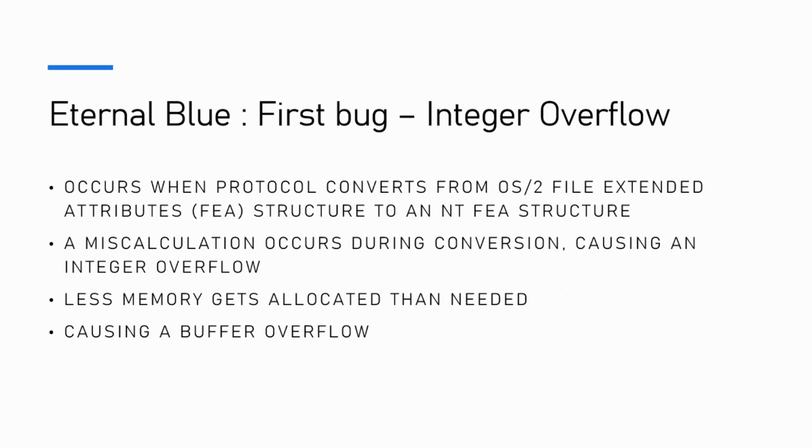This occurs when the SMB protocol converts from an OS/2 file extended attribute structure to an NT file extended attribute structure. During this conversion, a miscalculation occurs, causing an integer overflow, which in turn allows less memory to get allocated than needed. And with this smaller allocation, a buffer overflow can occur.